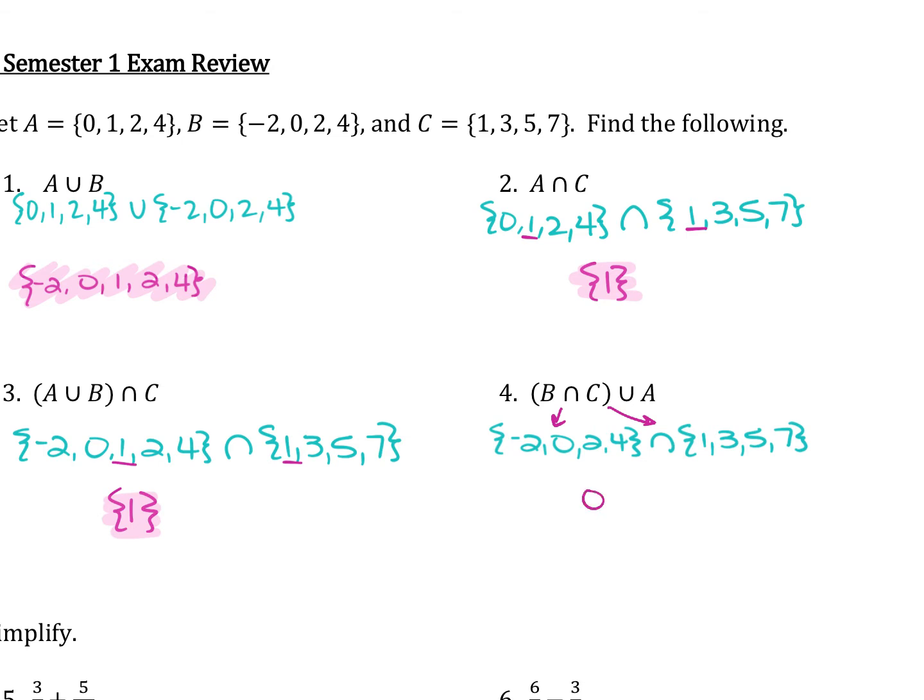So you have an empty set. So you have an empty set with a union of A, which are the numbers 0, 1, 2, and 4. If you have an empty set, which includes no numbers at all, with a union of 0, 1, 2, and 4, it's telling you to include all of the numbers, which are just these numbers 0, 1, 2, and 4.